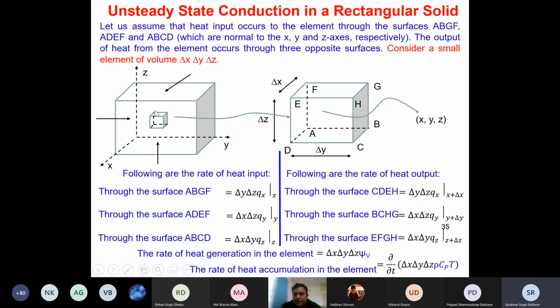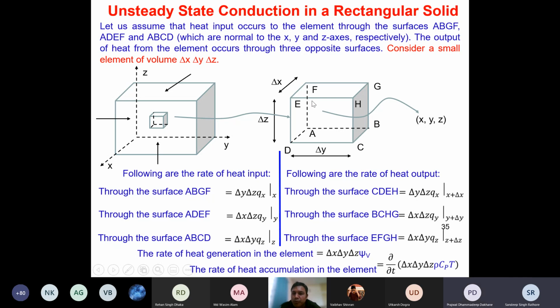That is why we have assumed a volumetric element here, and in that volumetric element, the heat input is taking place through the ABGF face, ADEF face and ABCD face. These are the three faces which are normal to the X, Y and Z axis respectively. From these three faces the heat input is taking place, and the heat output is taking place from the faces opposite to these.